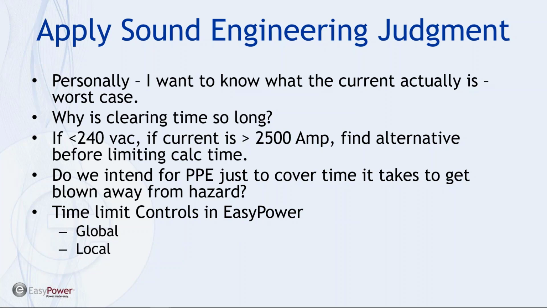Specifically, because low voltage or less than 240 volt systems were ignored in the first 1584 model, it's now been reflected that if the current is above 2500 amps, we really do have a possibility of an arc flash event. We need to make sure, before we start ignoring things, what the actual calculation time is.